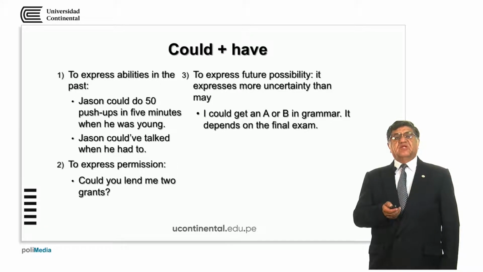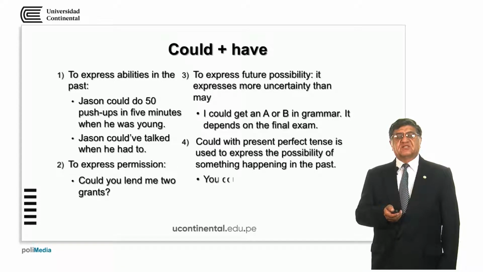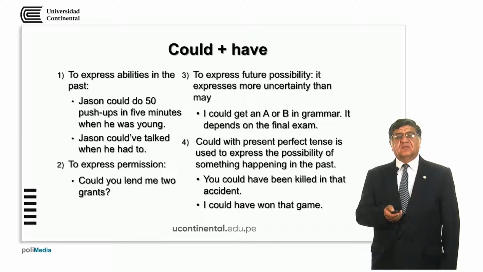Okay, future possibility. And sometimes it's not certain what is going to happen. I could get an A or B in grammar. It depends on the final exam. The use of could, but without have, as in the previous example.